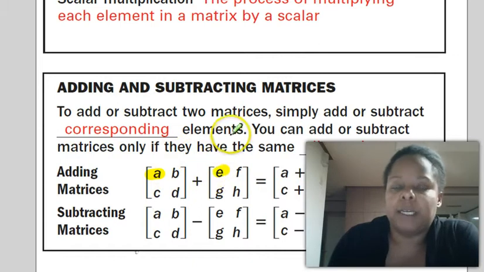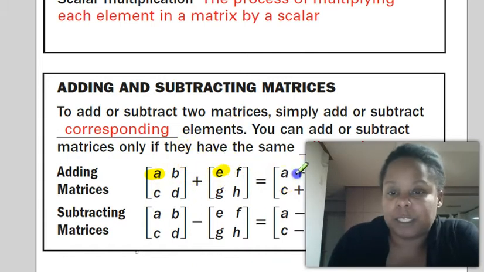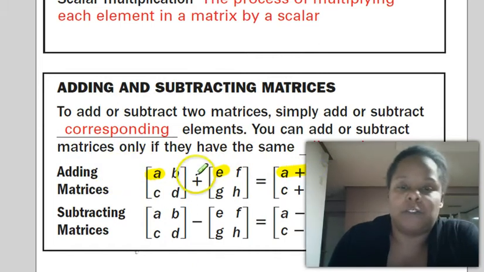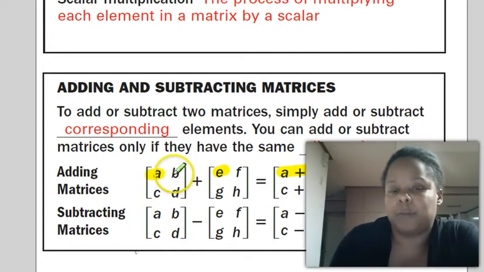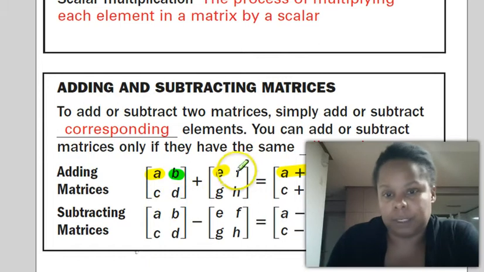So to figure out the result of adding these two matrices, the first position is the sum of these two values. To figure out the next position, and it doesn't matter which order you go in, as long as you place them in their corresponding position, we take B, which is the first element in the second column, and the matching element of the other matrix, and add those together.